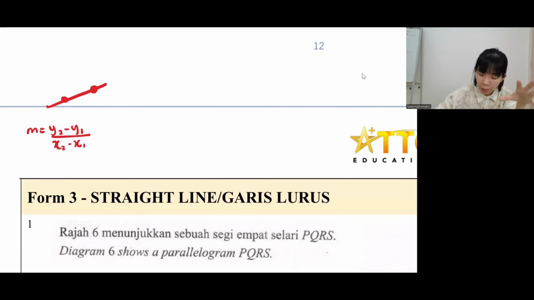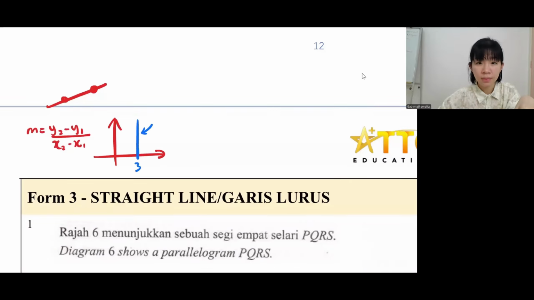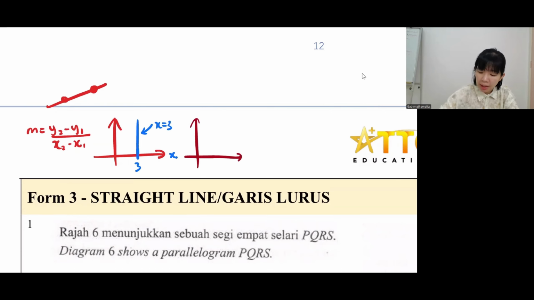Now, whenever you see a straight line that looks like this, if it's a vertical line going down, let's say it touches 3, what is the equation of this line? Vertically going down, it touches the x-axis at 3. So we call this line x equals 3. If I have a horizontal line touching the y-axis at 5, what is the equation of this line?